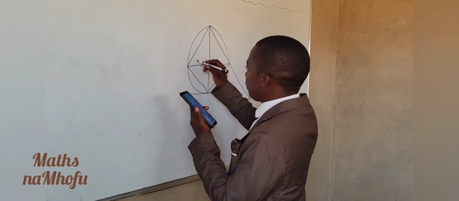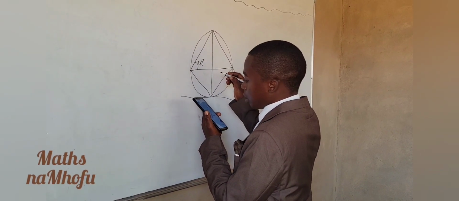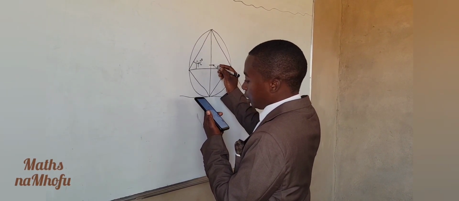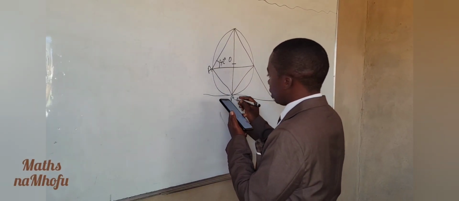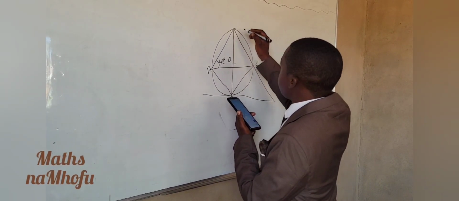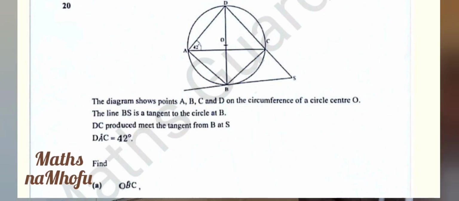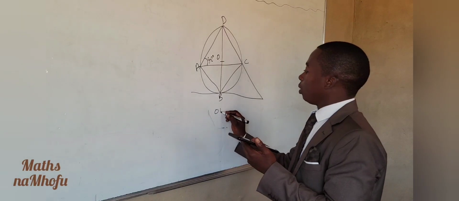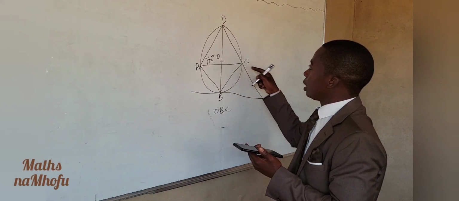So we are given this 42 degrees, and the center is here, which is O, with A, B, C, D. The first question is asking us OBC.